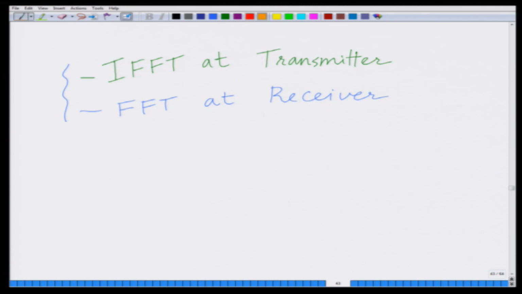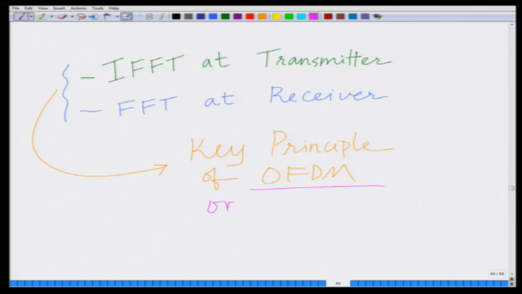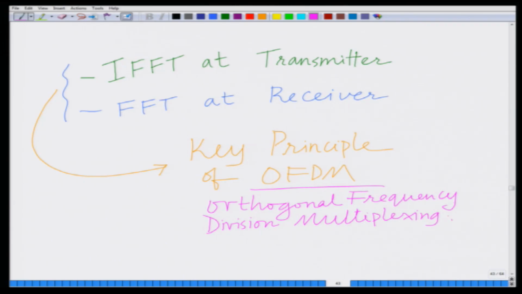And this is the key principle of OFDM, which is short for, as you might already remember, orthogonal frequency division multiplexing.